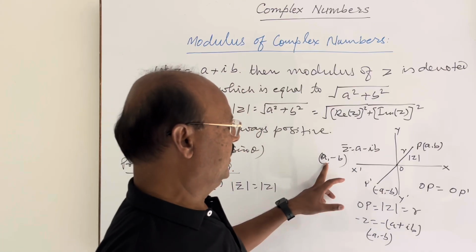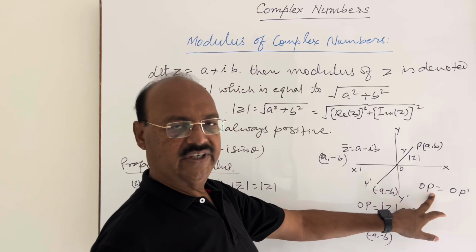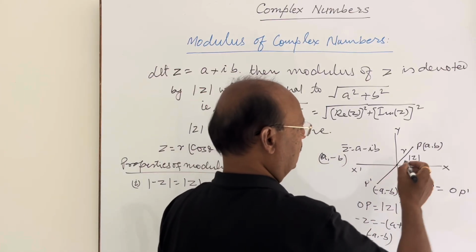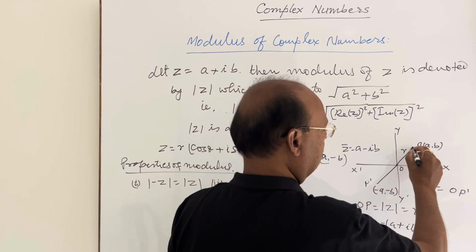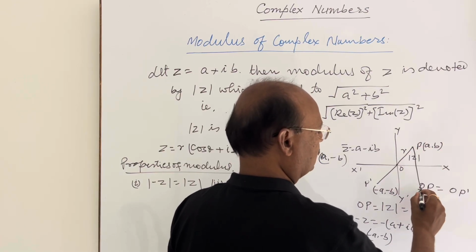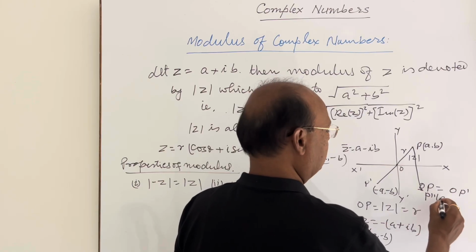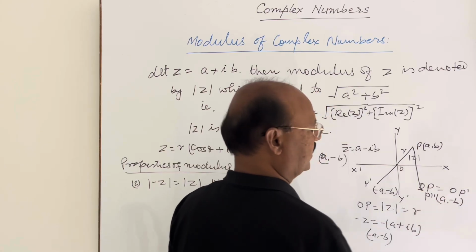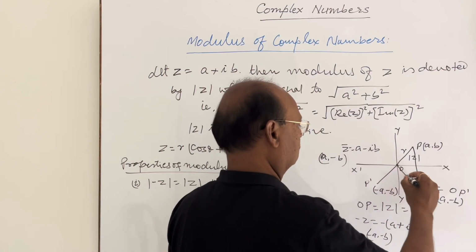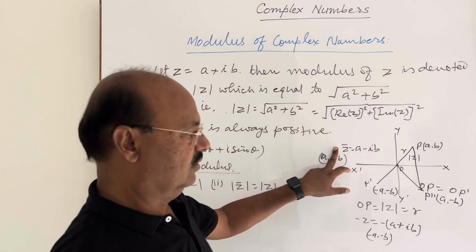And a and minus b will lie in which quadrant? Fourth quadrant. So this will be the image of point P with respect to x-axis. Suppose this is P double dash. Here the coordinate is a and minus b. So this is the modulus of the complex number conjugate of z.